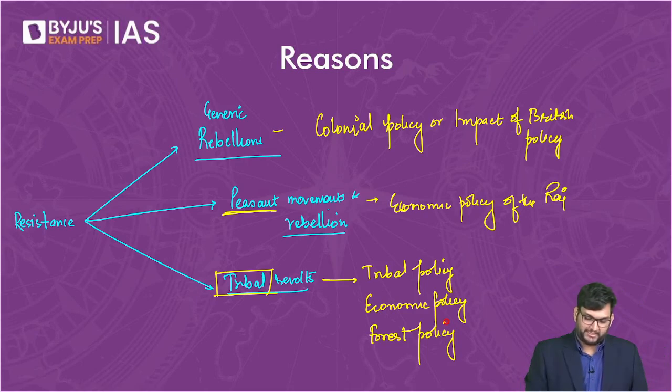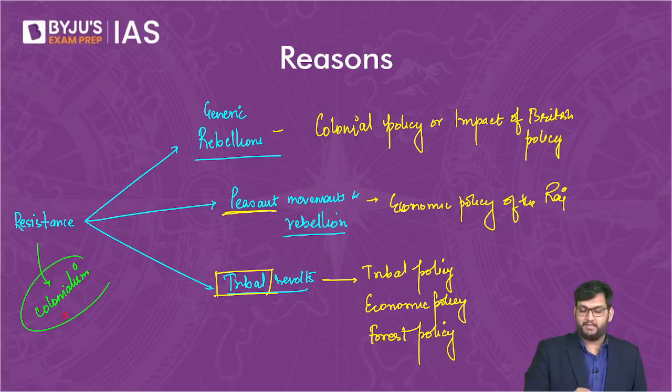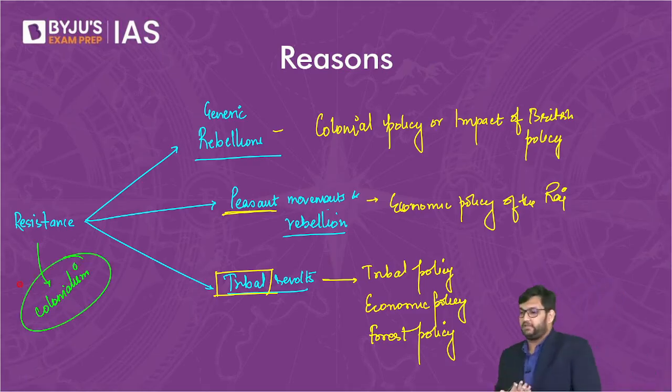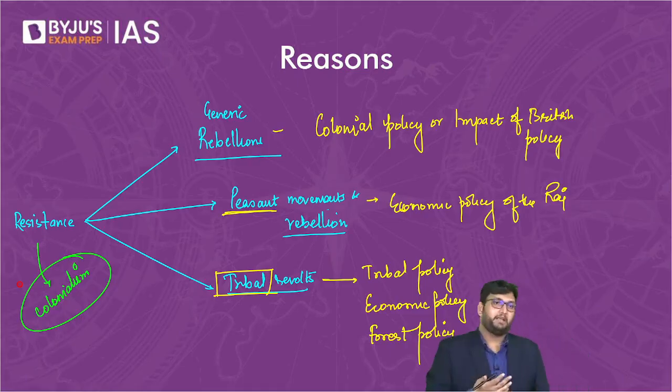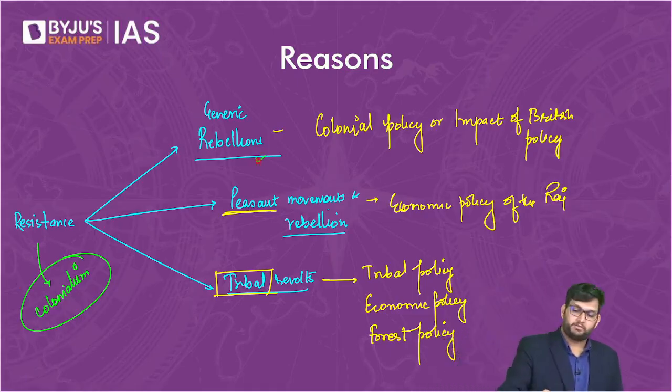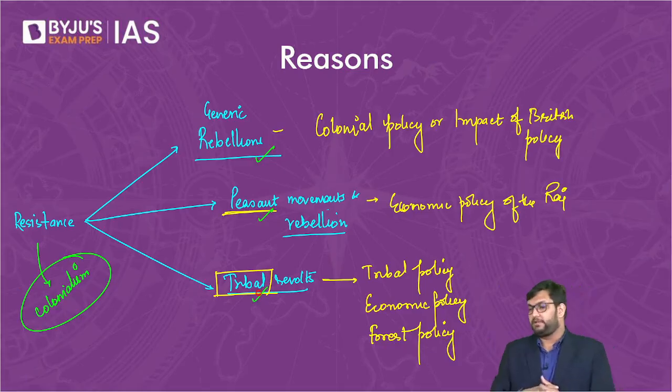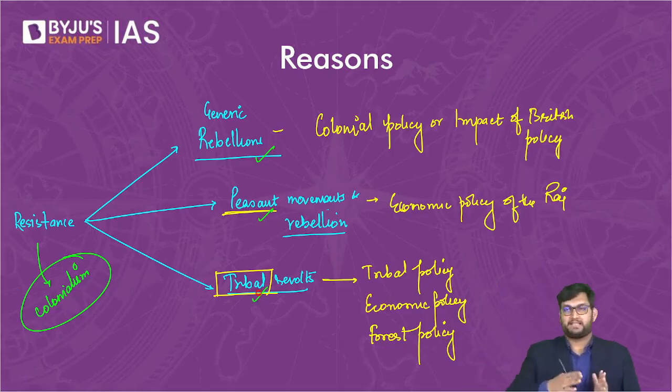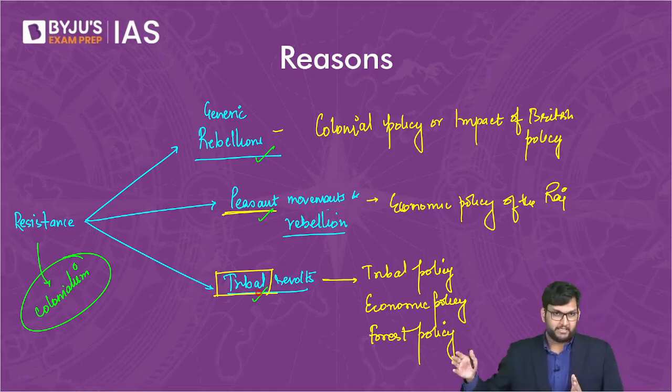If you look at it, the reason is basically colonialism. When colonialism comes to India, it impacts everybody in a different way, and that in turn leads to three manifestations of rebellions. We will discuss each of them separately, and we'll discuss why they are important in your larger preparation.